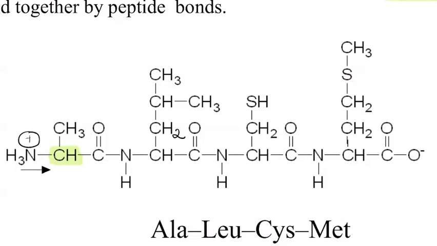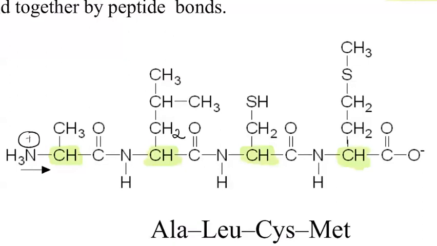Notice that after that, we have an amide bond. After the amide bond, we have an alpha carbon. Then we have an amide bond. Then we have an alpha carbon. Then we have an amide bond. Then we have an alpha carbon. Because after my alpha carbon, there's a C double bond O, O minus, I am done with my peptide.